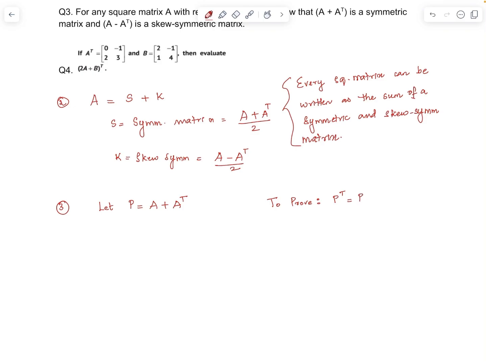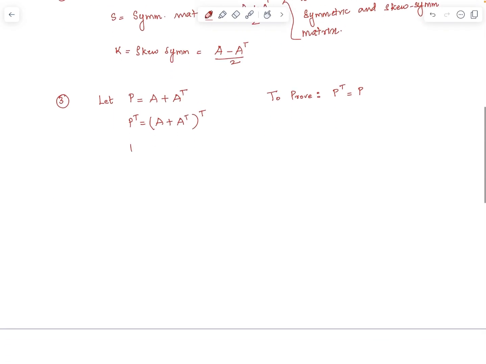Coming back to our assumption, now let's take the transpose on both sides. P transpose is equal to (A plus A transpose) the whole transpose. Applying the transpose properties, P transpose is A transpose plus (A transpose) the whole transpose.